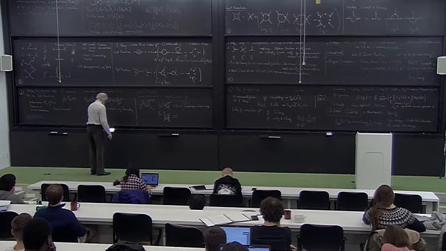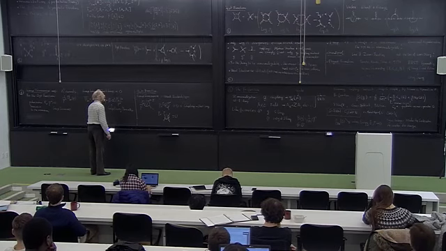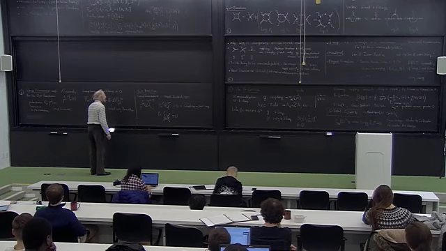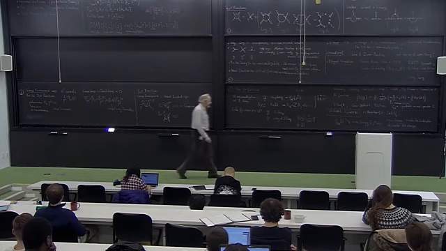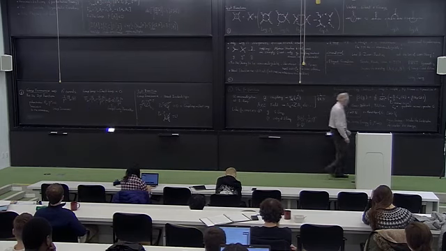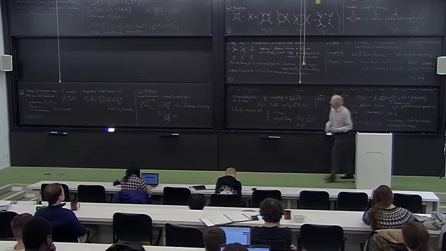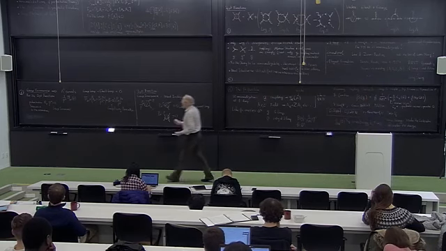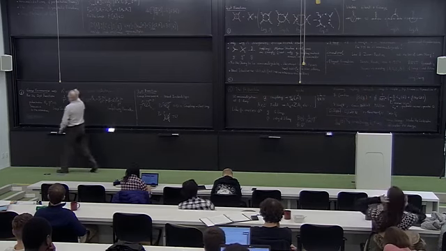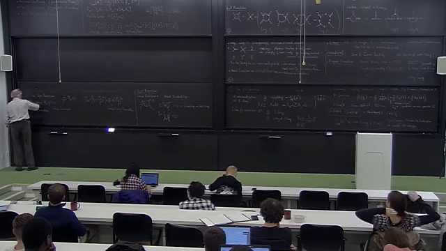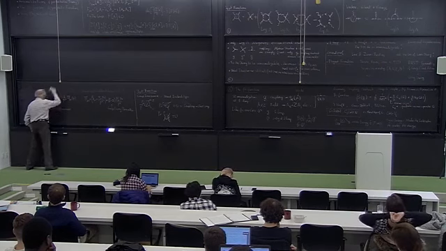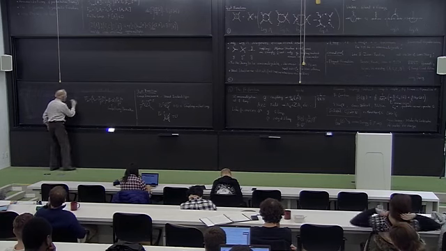Okay, so I think we should have that. So this property, related to the fact that the beta function has a negative sign, is called asymptotic freedom.